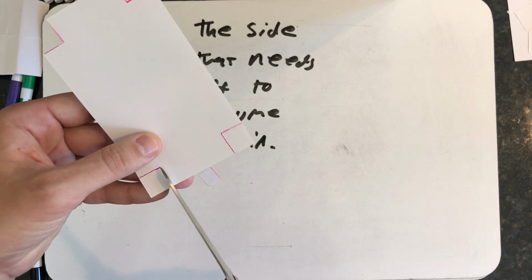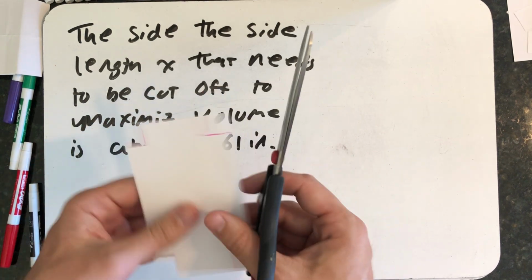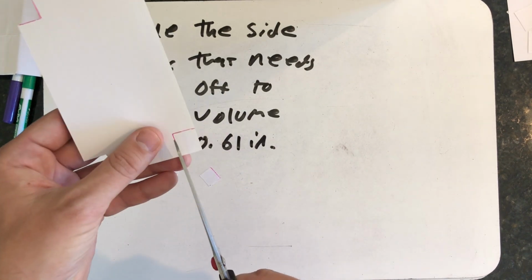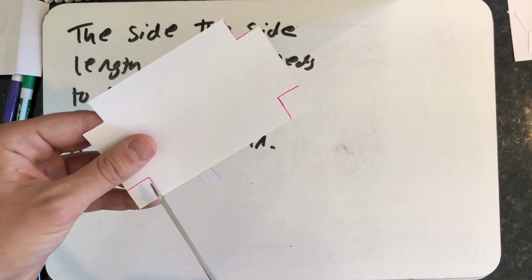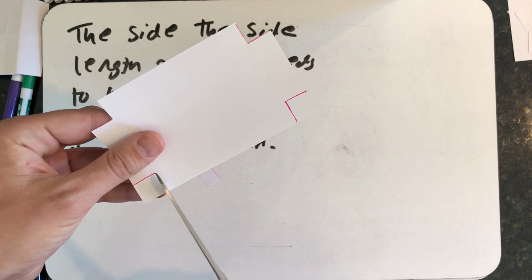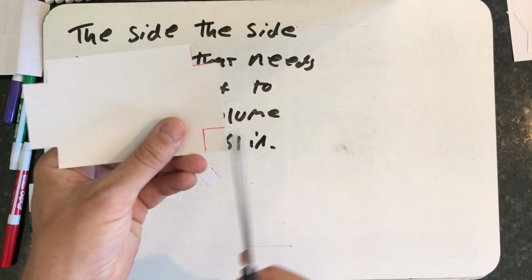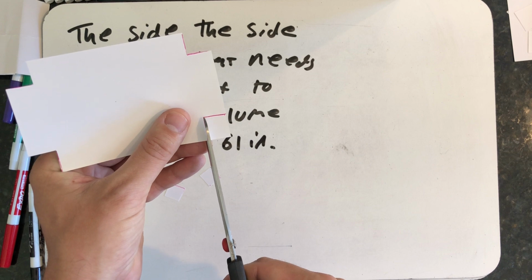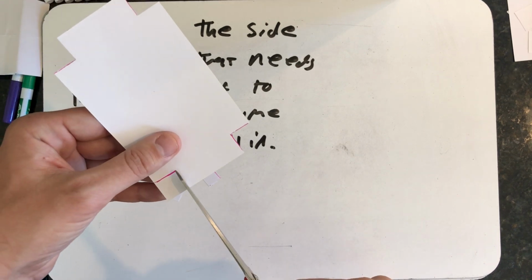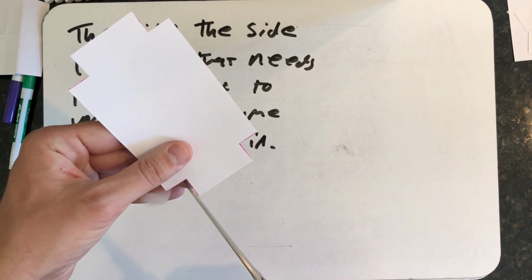If we were in a classroom together, I would make a student cut these squares off so that I didn't have to do it myself. This is one of the limitations from teaching at home. All right.